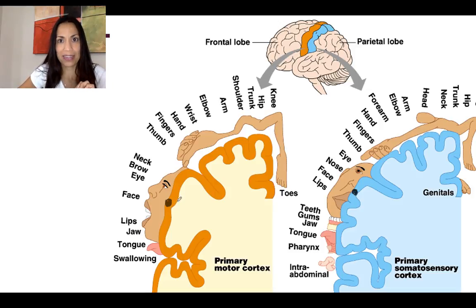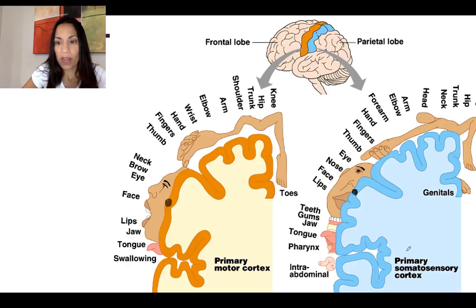That is precisely what this map shows. So remember how big the areas of these body parts are here, which translates into the amount of fibers that area receives.